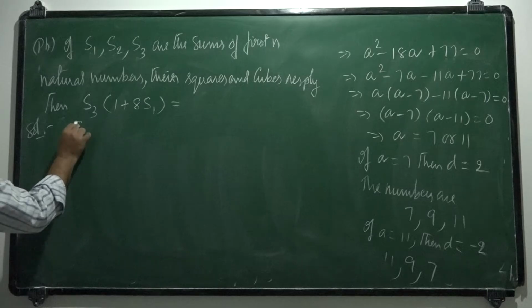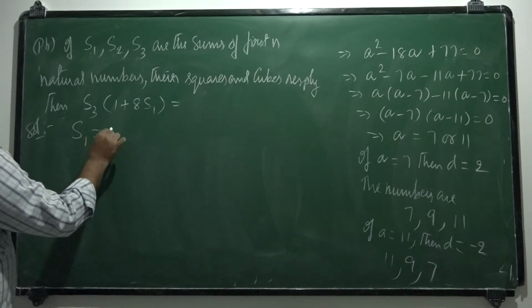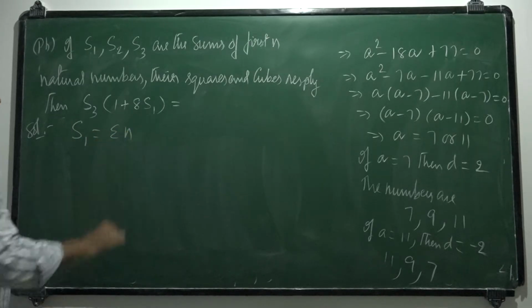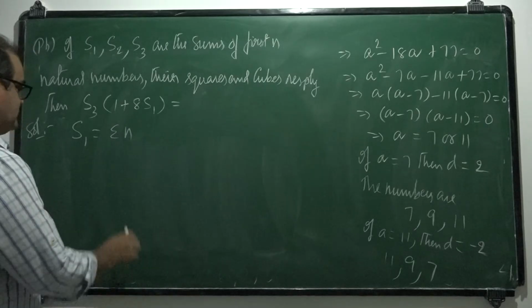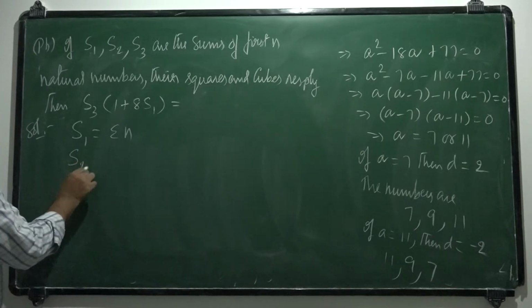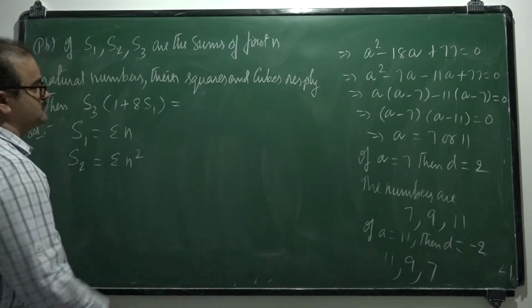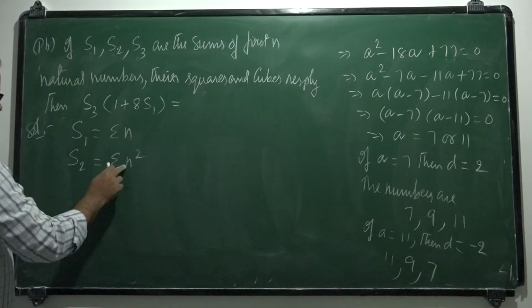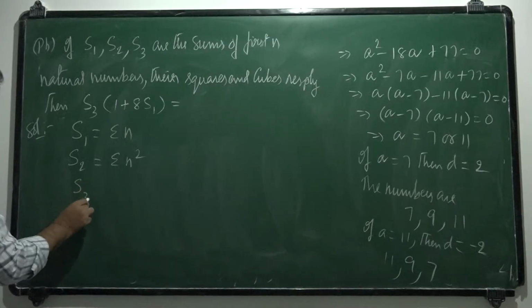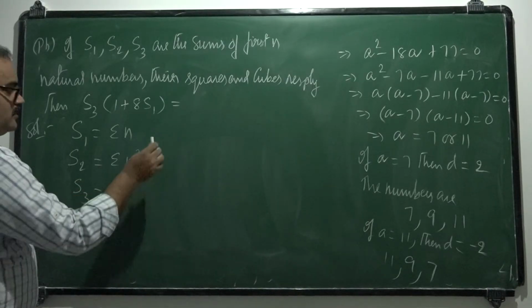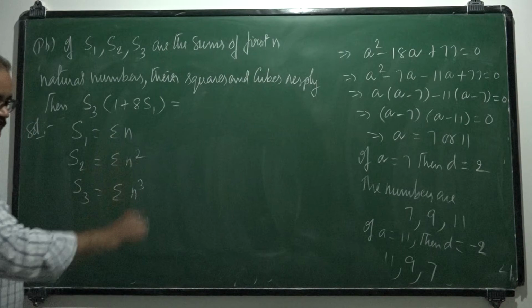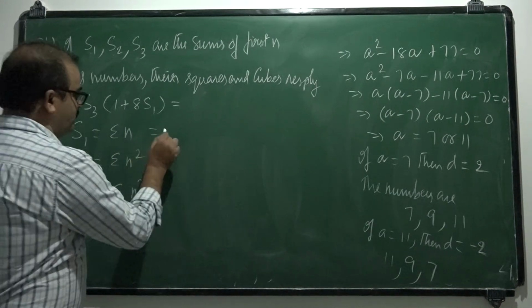We know the formulas. S1, sigma n. S2, sigma n square. S3 represent sum of the cubes. Okay, we know the formula.